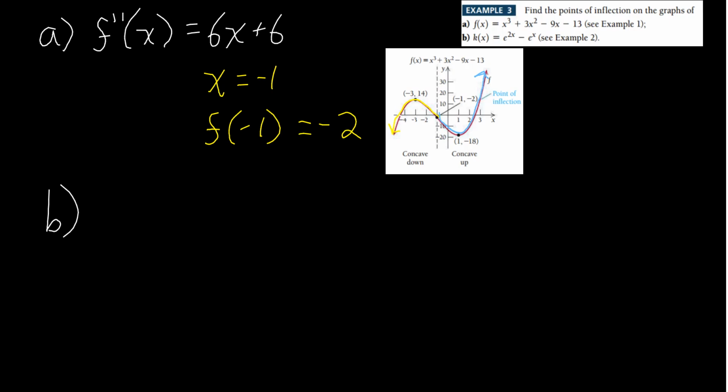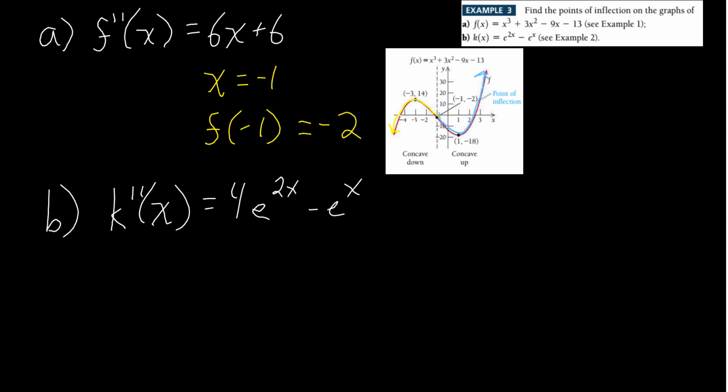Okay, so f double prime, that's k again. K double prime of x was equal to 4e to the 2x minus e to the x.